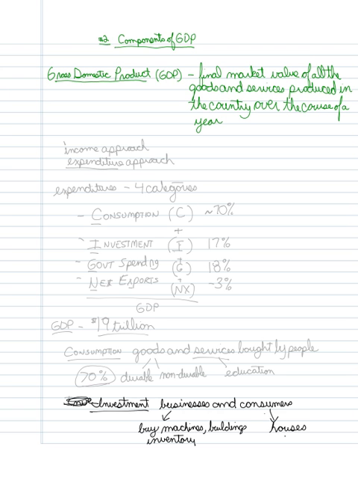And there are generally two approaches to calculating it. There is an income approach and an expenditure approach. So there's basically two ways you could find out how much the economy is producing. You could either count up all the money that people are receiving for doing things in the economy, or you could count up how much people are spending in the economy over a year.